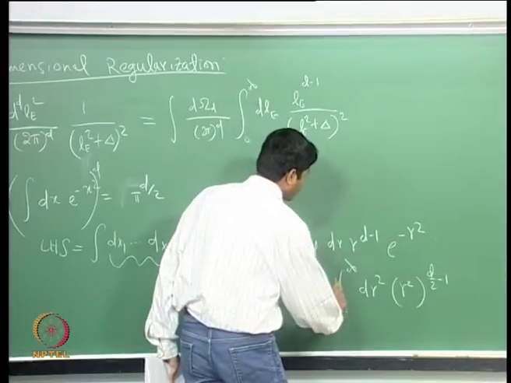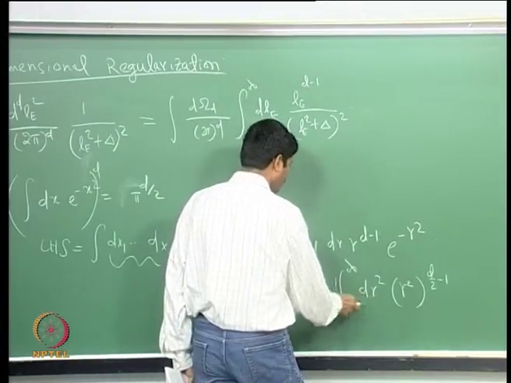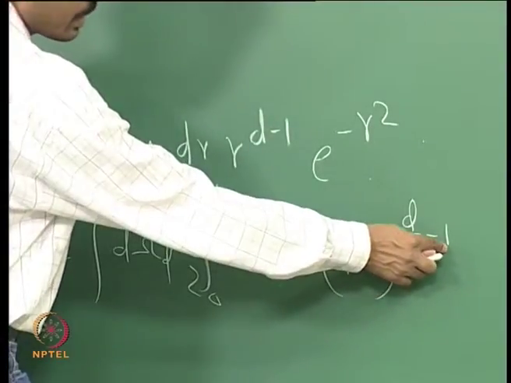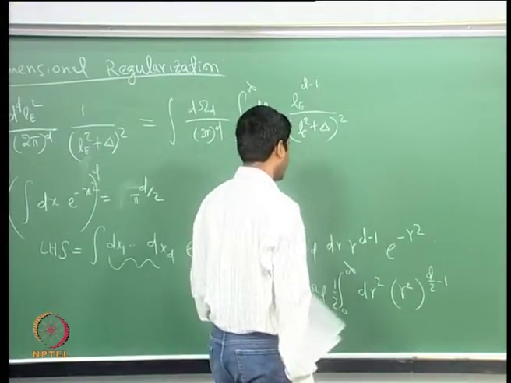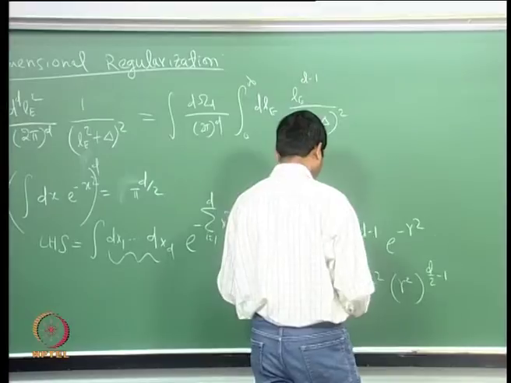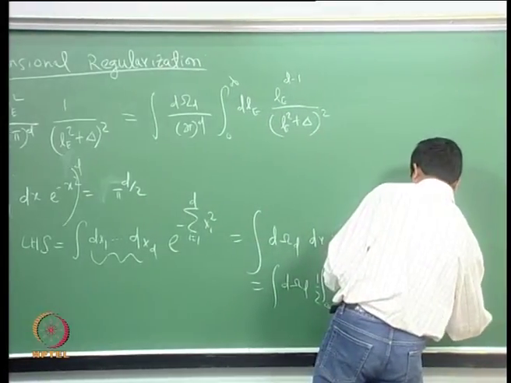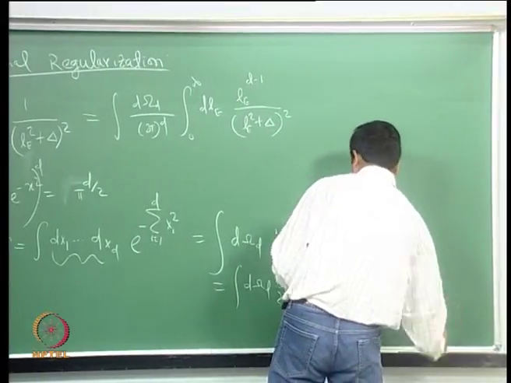There is a factor of half, and this will give me 2r dr. So that 2 will cancel this half, and this r here will add to this minus 1. So at the end of the day you will get r square to the power d by 2 minus 1, e to the power minus r square.